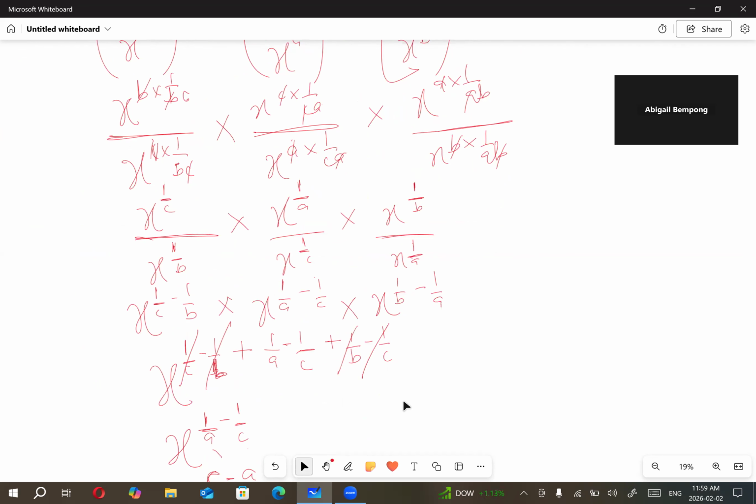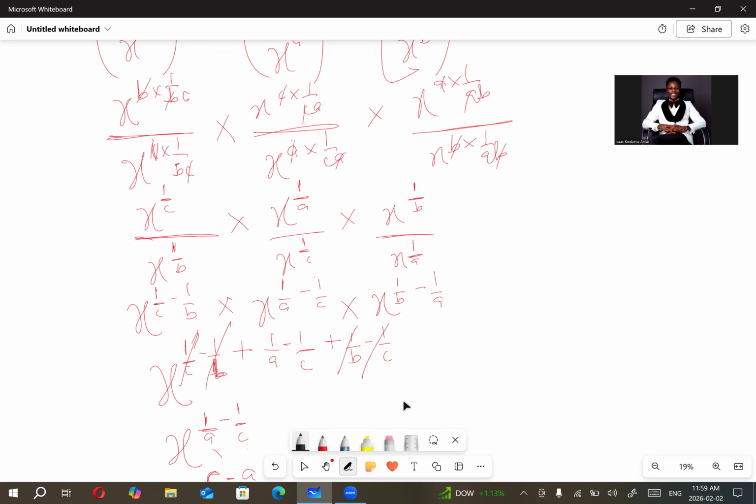I'm just saying that if you subtract something from itself it is nothing, so I don't need to. No, the last one is supposed to be plus 1 over B minus 1 over A. It goes 1 over C. x exponent what? 1 over B, that's the last one. 1 over B minus 1 over A. But then you wrote 1 over C. No, this 1 over c, right?